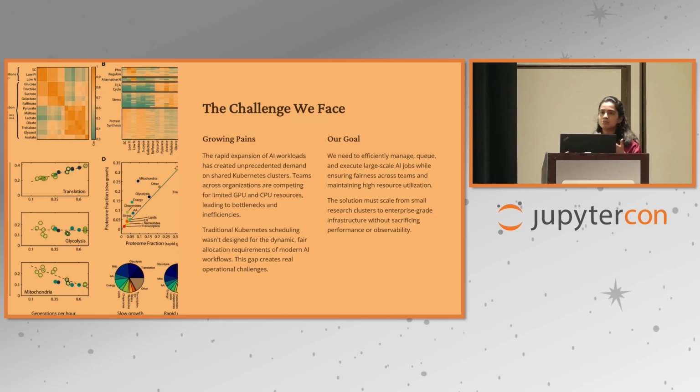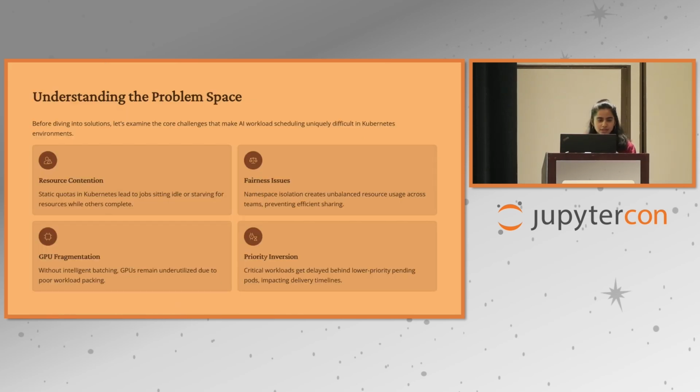It prioritizes based on quota, which is nothing but the present status, whether it's empty or already filled. So these are the challenges, and this is understanding the problem space.